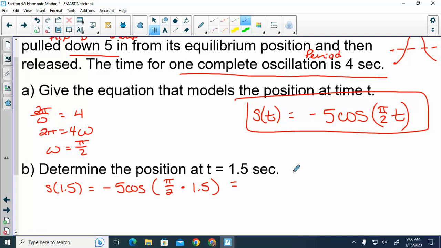So we have -5 cosine of pi over 2 times 1.5. And I get 3.54 inches. Make sure you're in radian mode.